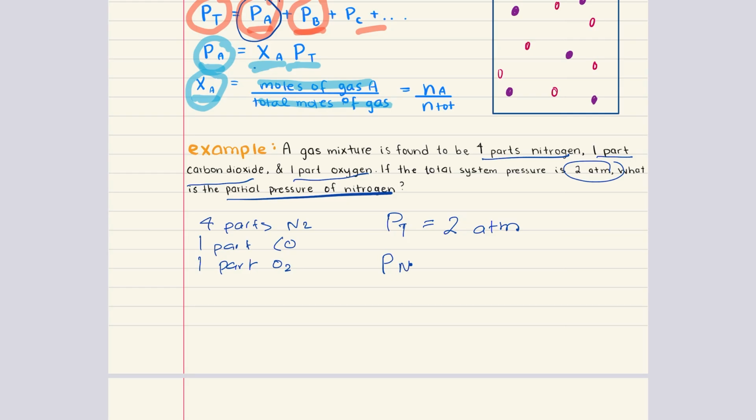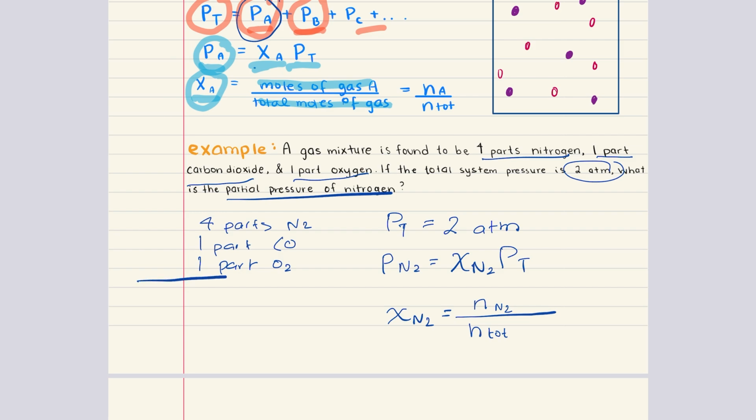The partial pressure of nitrogen gas is going to be equal to the mole fraction of nitrogen gas multiplied by the total pressure. We know the total pressure. What we need to figure out is the mole fraction of nitrogen gas. The mole fraction of nitrogen gas is going to be the moles of nitrogen gas divided by the total number of moles.